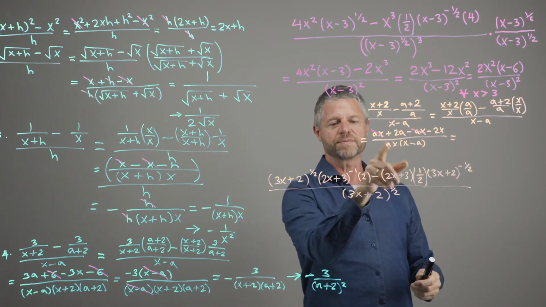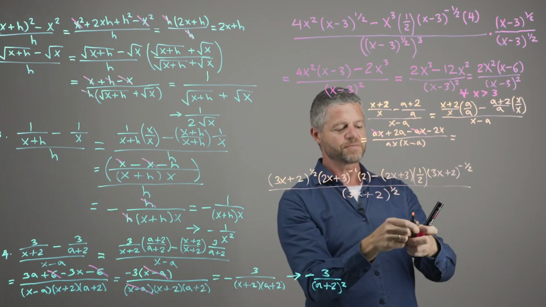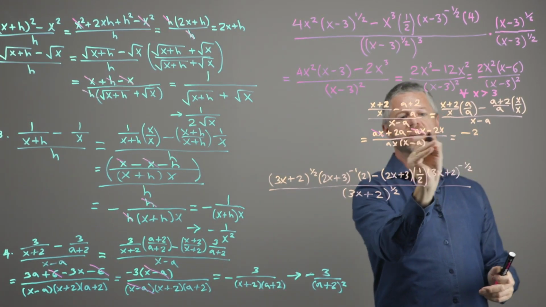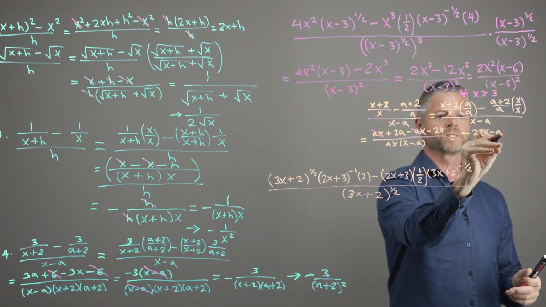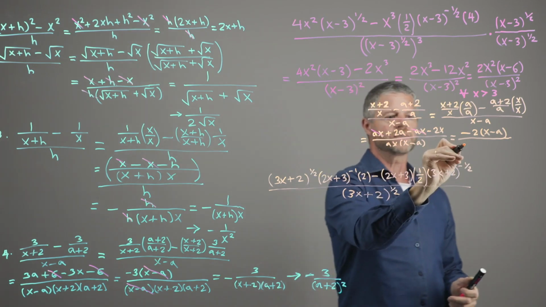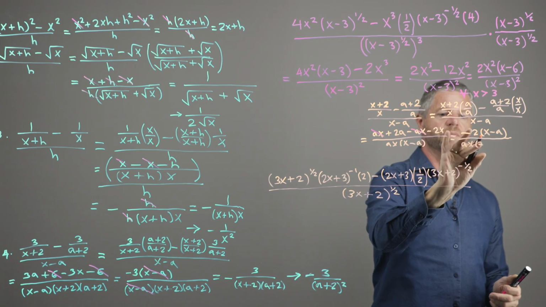And again, I'm going to do the same thing I did in the previous example. I'll pull out a factor of minus 2 so that I can write x minus a. And then we got a, x, x minus a.